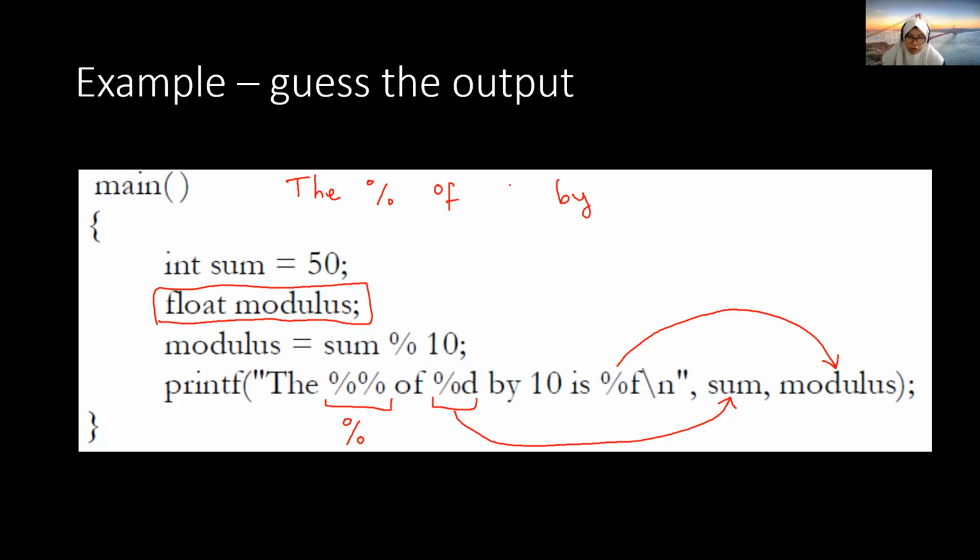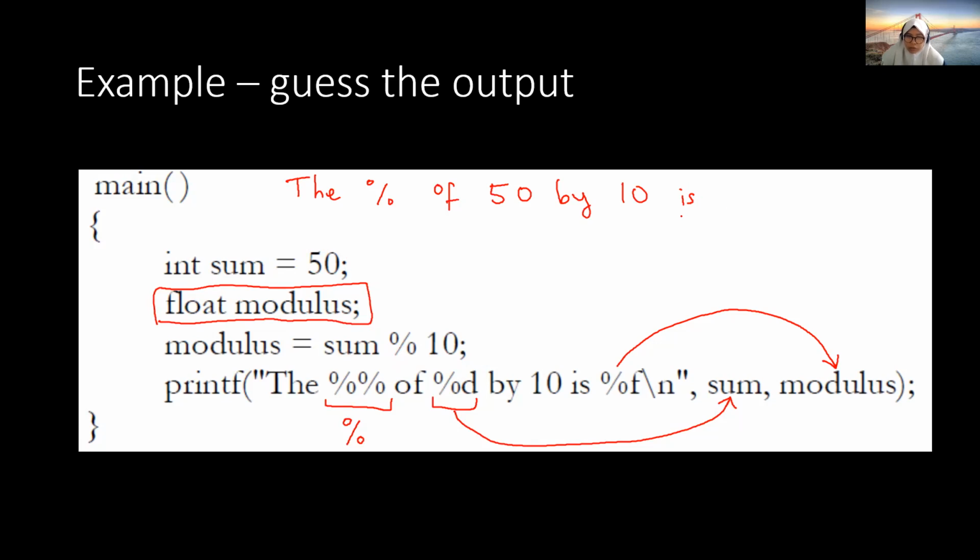Sum is 50. By 10 is modulus something. Okay, now we need to see what's the value of this. You can see that this is 0, right? 50 divided by 10, 5 and 1, that is 0.